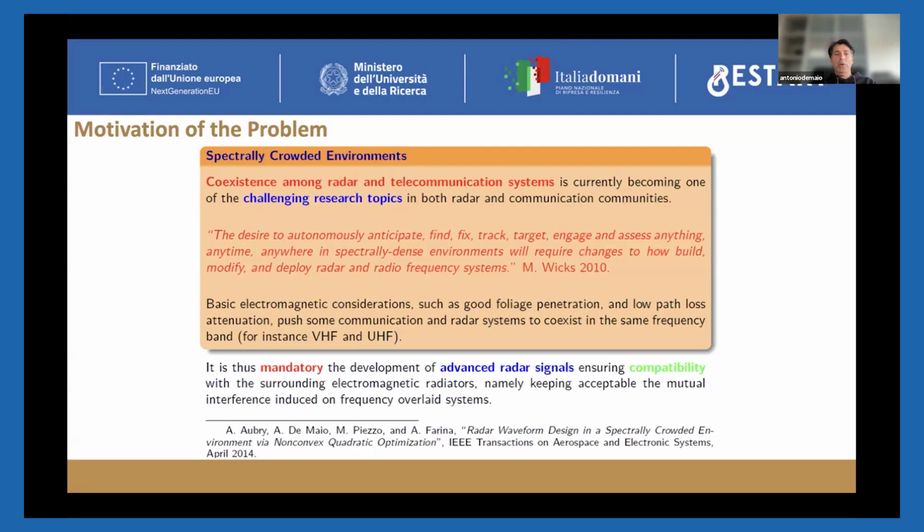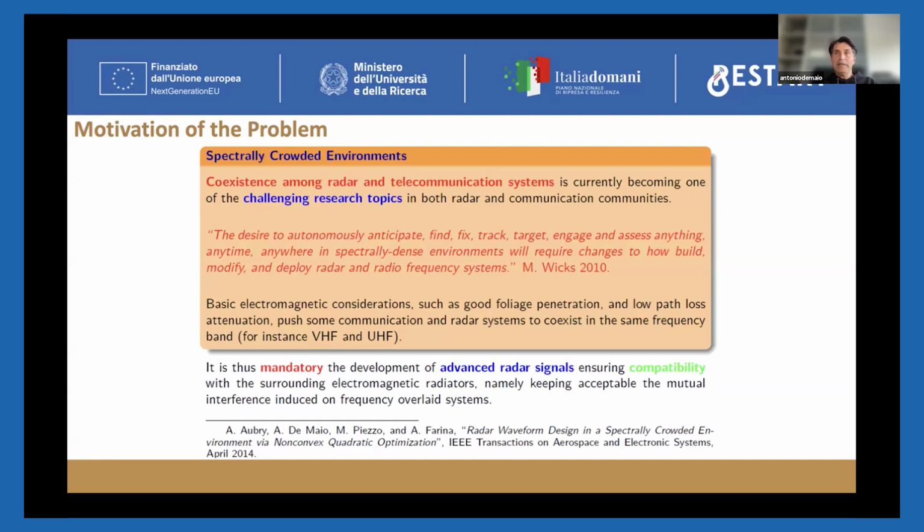And here we can see a famous sentence by a very famous and also extremely respected colleague, Dr. Mike Weeks, from United States Air Force Research Lab, who unfortunately passed away recently. And this sentence is about the spectral congestion problem.